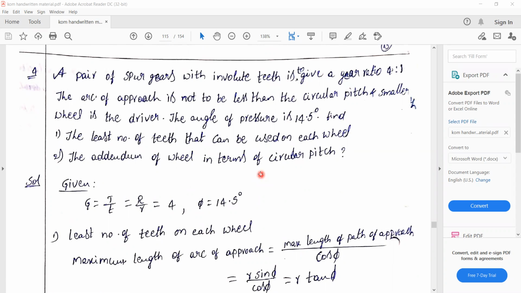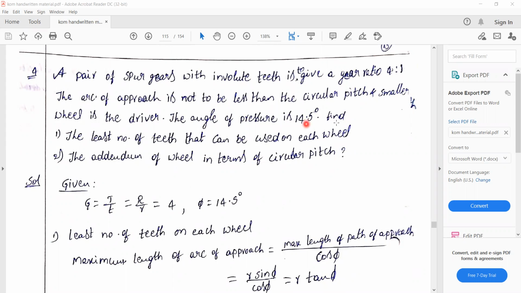A pair of spur gears with involute teeth is to give a gear ratio of 4 to 1. The arc of approach is not to be less than the circular pitch. All of you observe that condition. The arc of approach is not less than the circular pitch, and the smaller wheel is the driver.